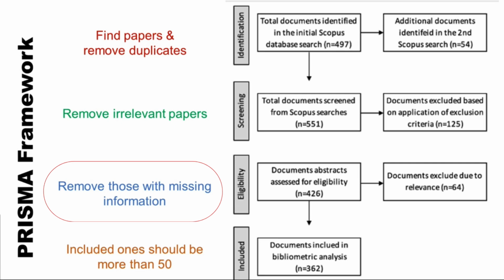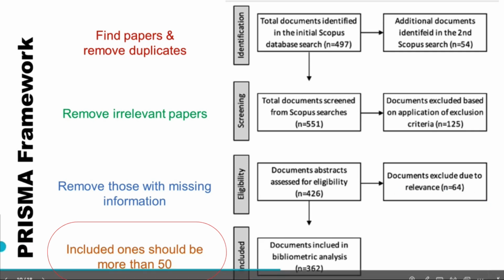You can see that after the removal of 64 documents, we are left with 362 documents that are finally included in the bibliometric analysis. The point to be noted is that there should be at least 50 documents for your bibliometric analysis, and we are safe here because we have 362.